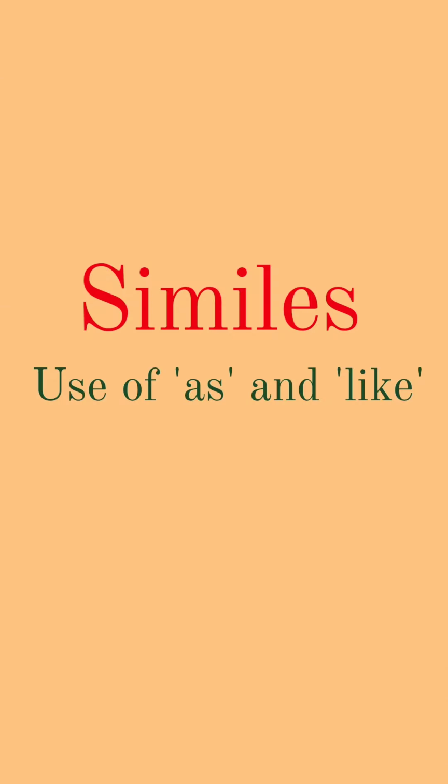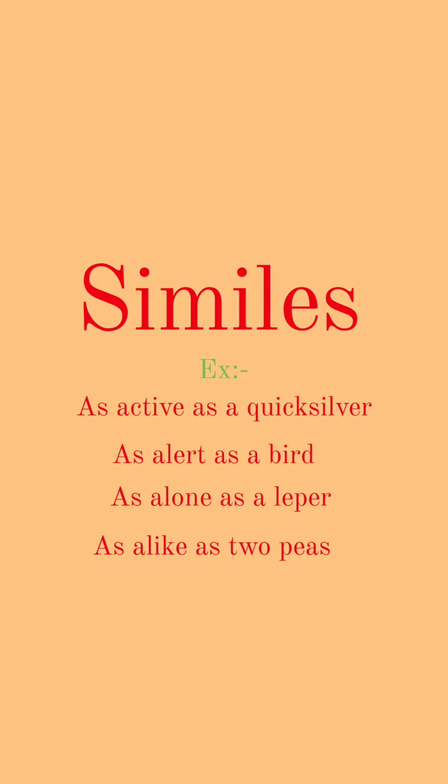Move further. Next we have simile, which means when we compare two objects of different kinds, then we use simile. In similes we use the words as or like. For example, as active as quicksilver, as alert as a bird, as alone as Crusoe, as alike as two peas.